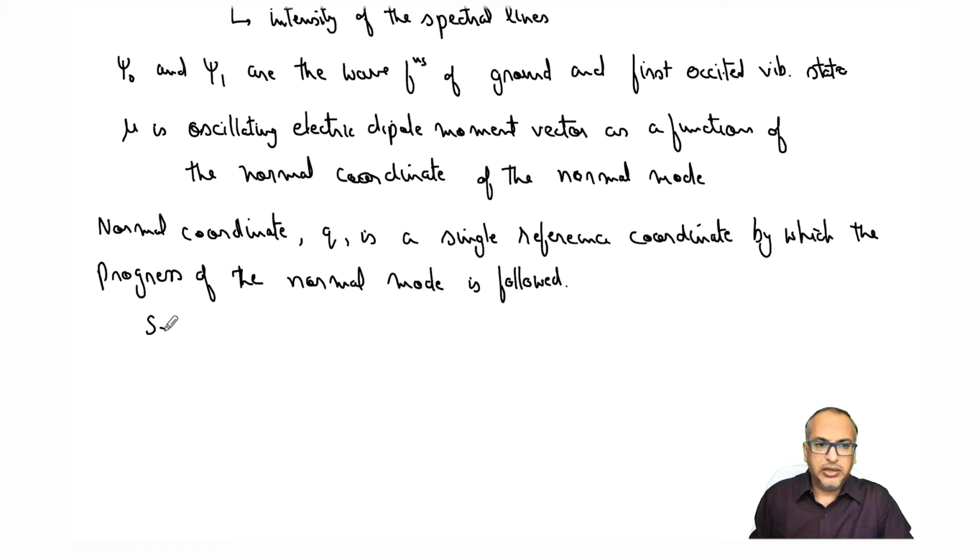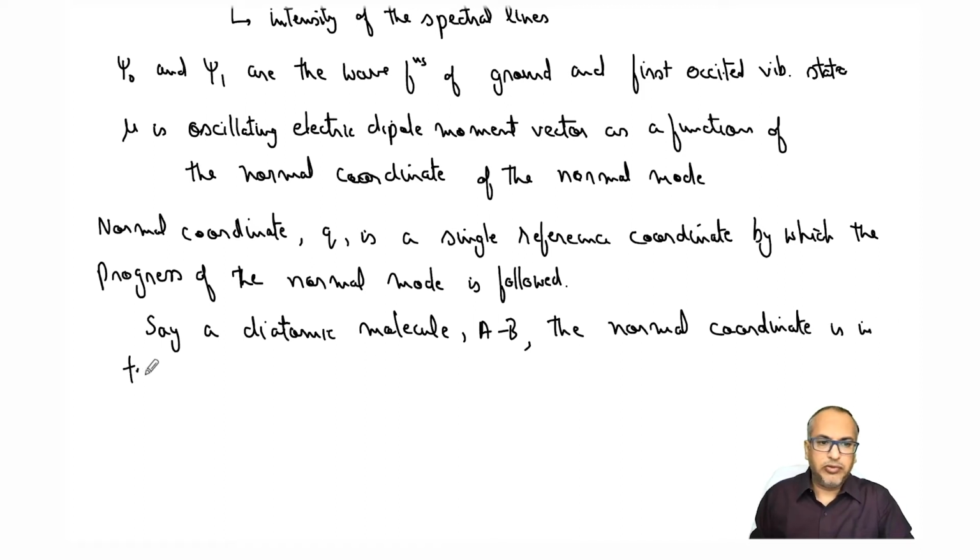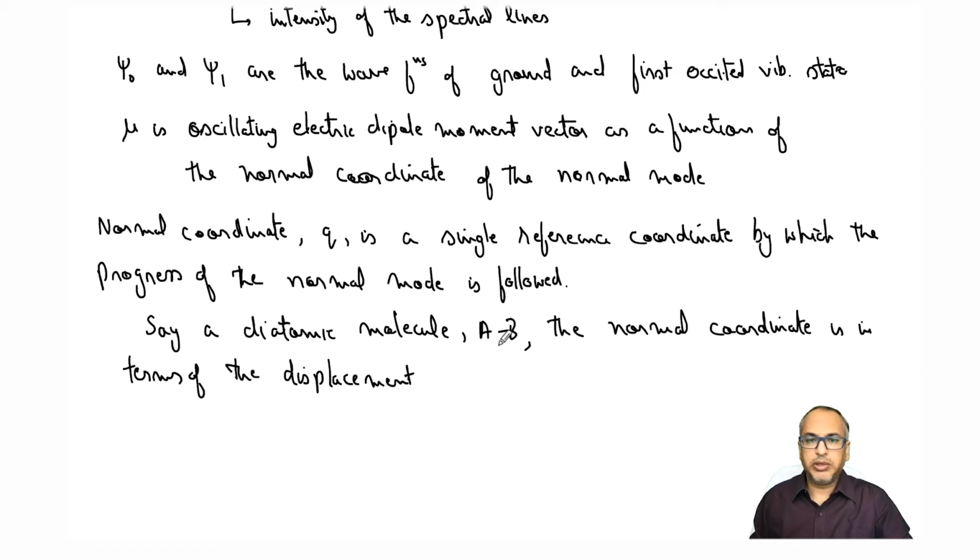So let's say a diatomic molecule AB. The normal coordinate is in terms of the displacement of the two atoms, because that will lead to the stretching or compression of this bond, which is one of the vibrational modes, right?